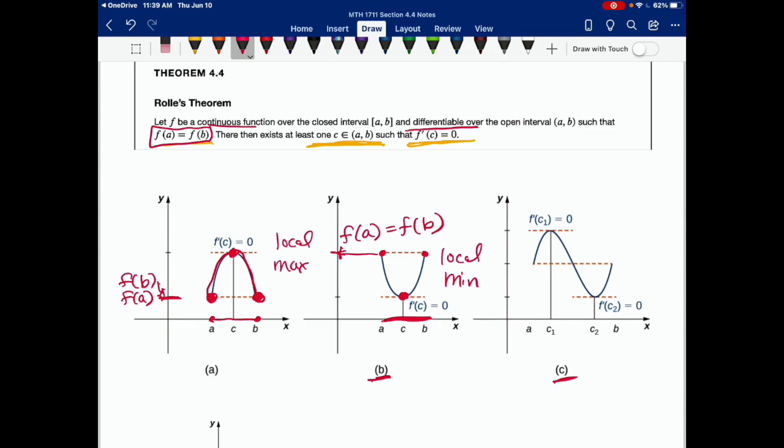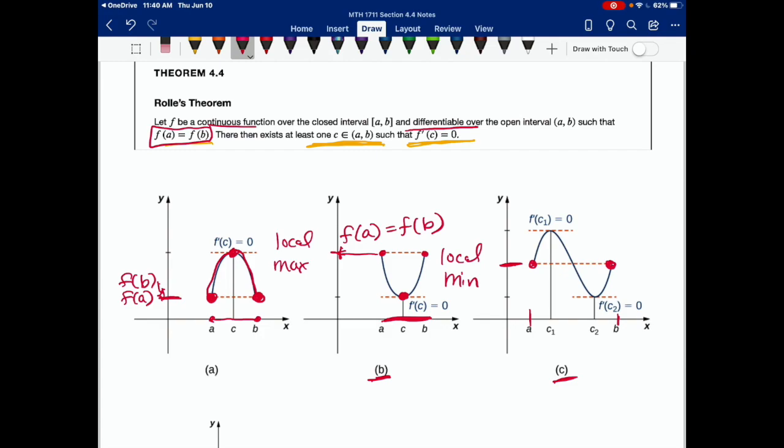So in graph C, we have an example of where we have more than one value of c that gives us a derivative that is 0. This theorem guarantees there's at least one, but that doesn't mean there isn't more than one. So here's our interval A to B. If you notice, my two endpoints have the same y value.